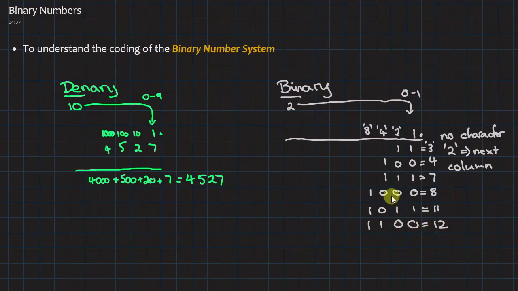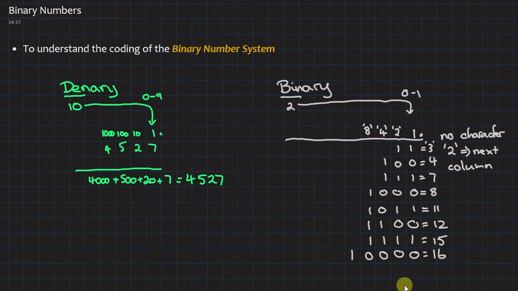They think they've got it, and they go a bit too quick. And 11 and 12 often confuses people. 13 would be the 8 on, the 4 on, and a 1. 14 would be the 8, 4, 2, and no 1s. And we get as far as 1, 1, 1, 1, and that is 15. I filled it up, need to go into the next column to create my 16.